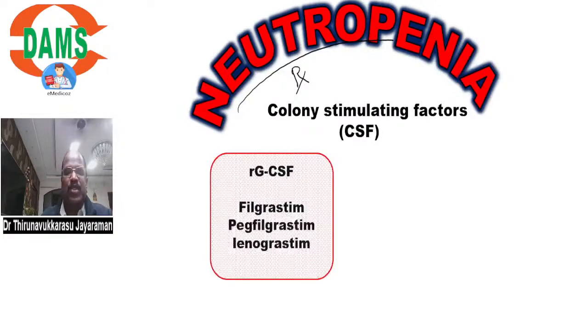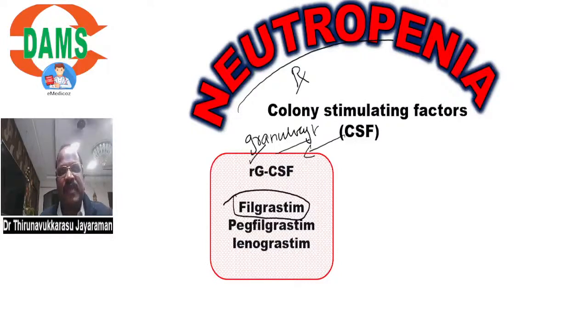In this, one class is recombinant granulocyte colony stimulating factor, for example filgrastim, pegfilgrastim, lenograstim. They may give an option from this in your exam. So remember, filgrastim is a recombinant granulocyte colony stimulating factor useful for treatment of neutropenia.